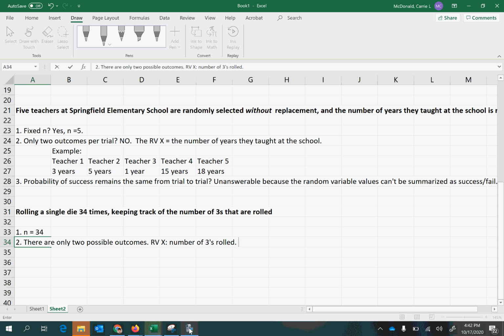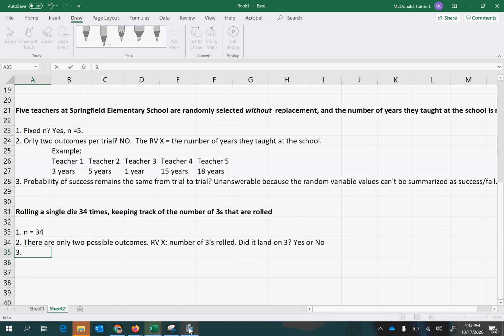So every time you roll a die, the question is, did it land on the number 3? So you will either answer yes or no, right? So that is the reason that there are only 2 possible outcomes in this scenario.